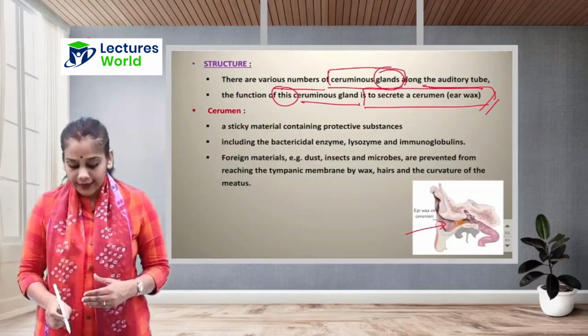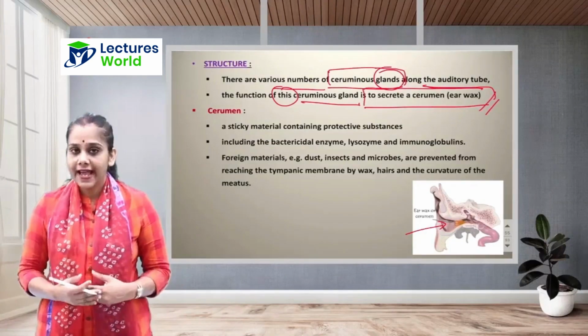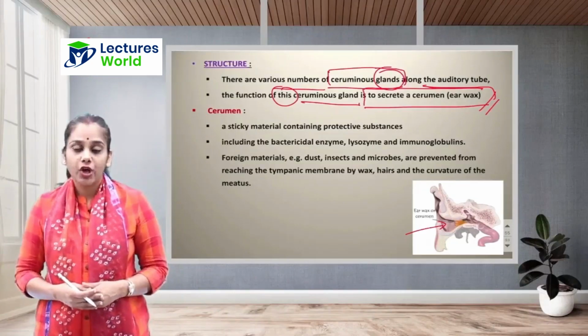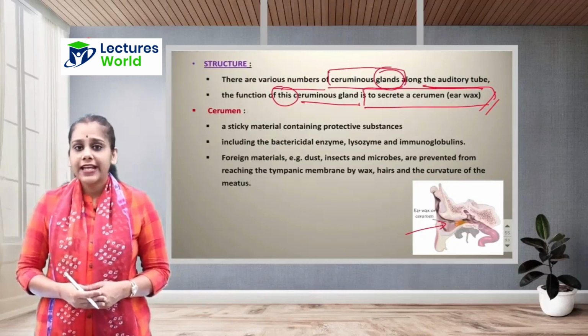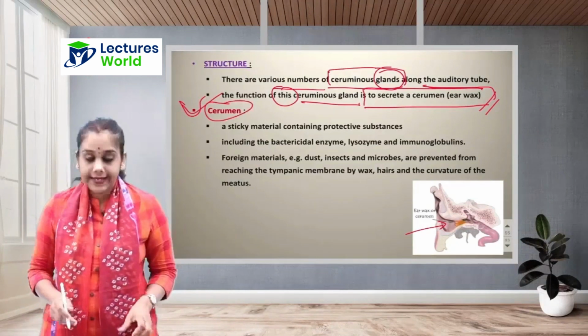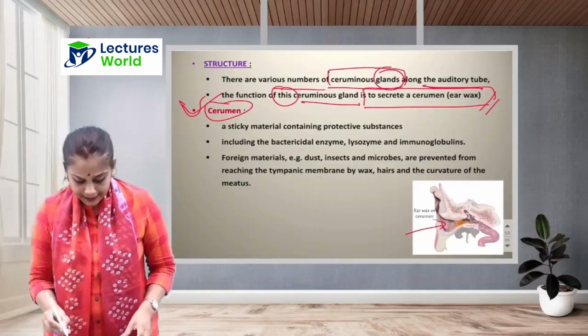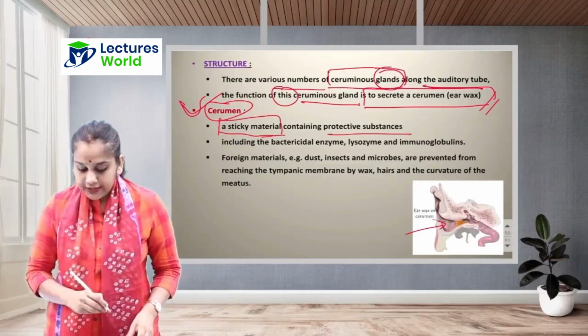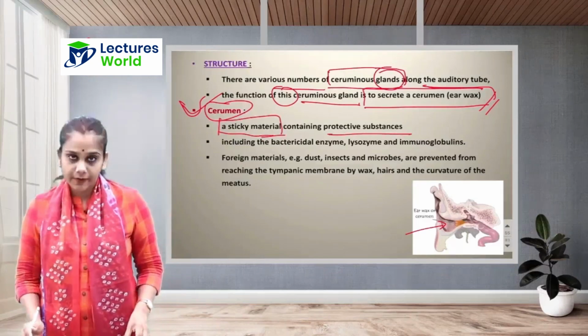So the ceruminous glands are very helpful for the secretion as well as the production of the cerumen into the ear canal. What is cerumen? It is a sticky material which contains protective substances.